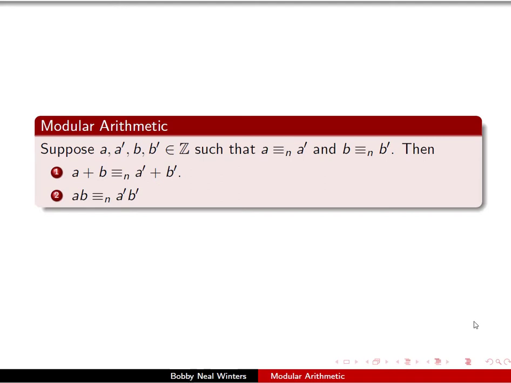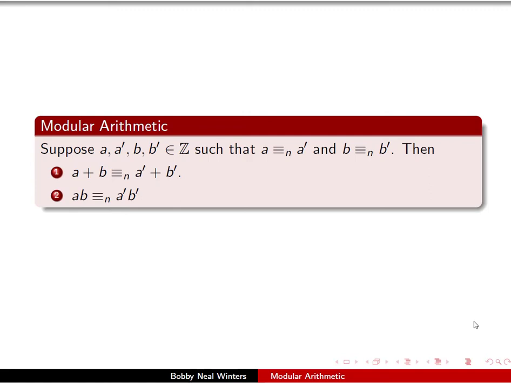Okay, we're finally getting to the point of all of this, the modular arithmetic. Suppose we have a, a prime, b, and b prime integers, and we're choosing our notation so that a is equivalent to a prime mod n, and b is equivalent to b prime mod n.